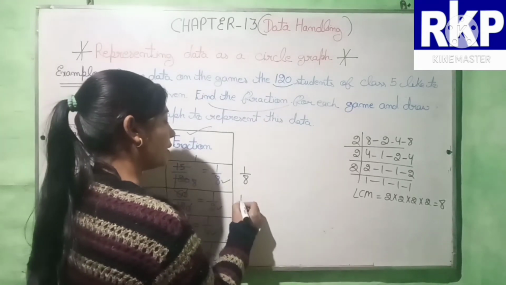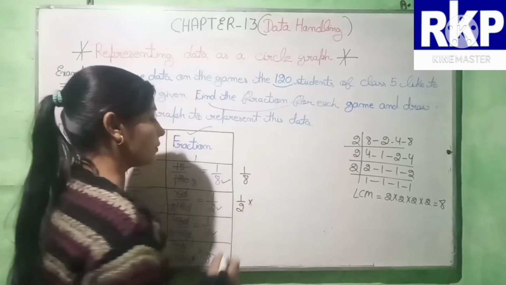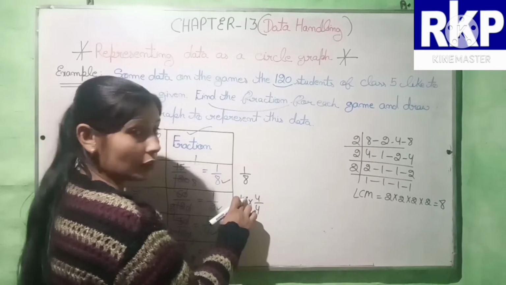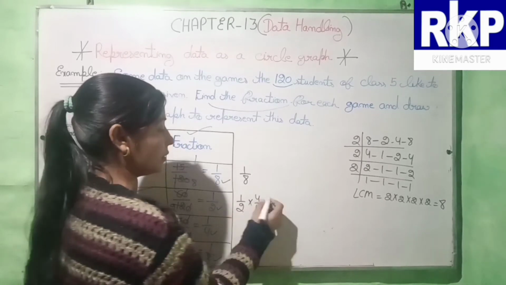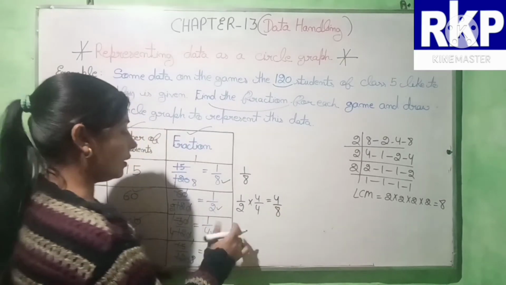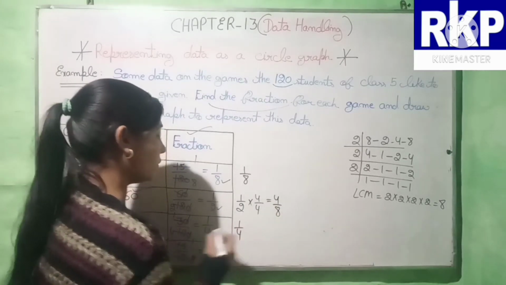Here we have 1 by 2. So here we need to multiply numerator and denominator with 4. 4 times 1 is 4 and 4 times 2 is 8. Now next is 1 by 4.